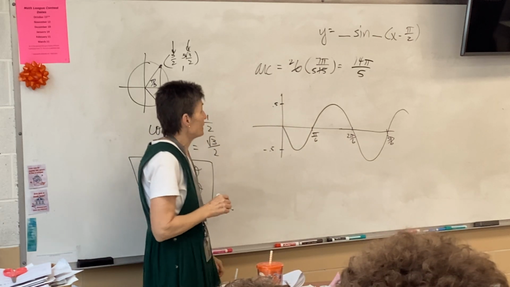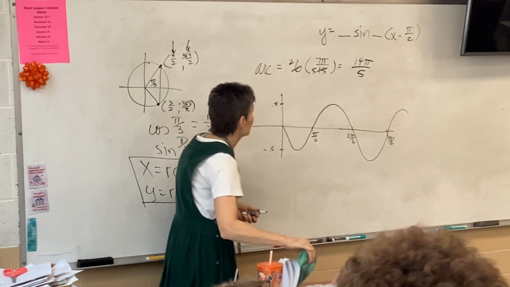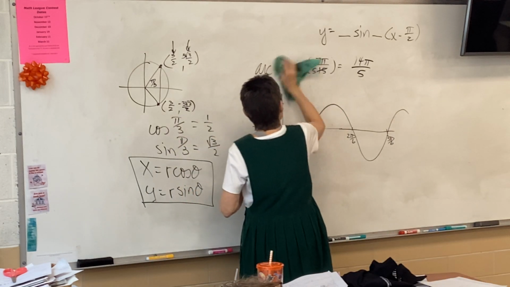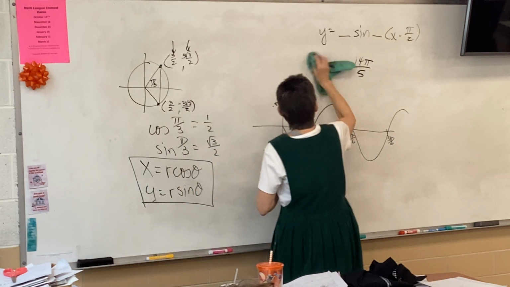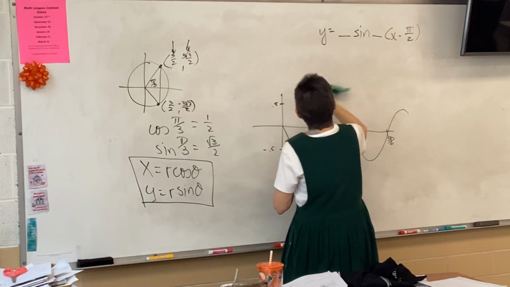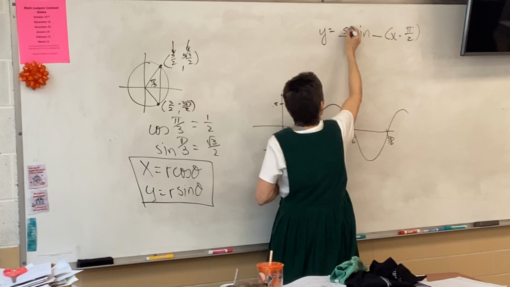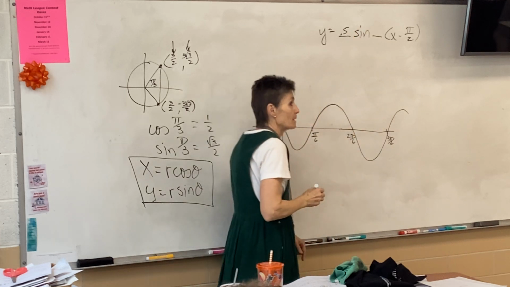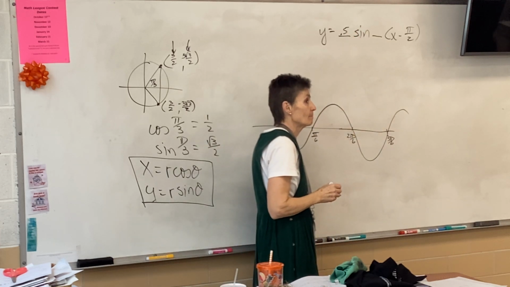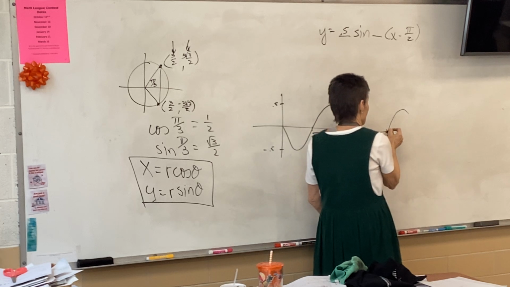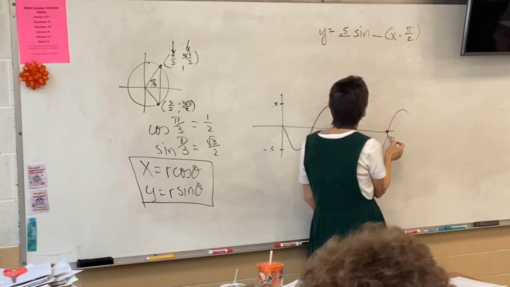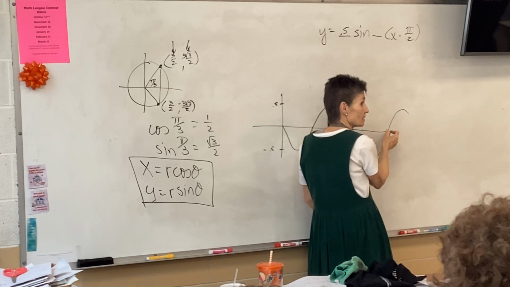What do you think for G? What did you come up with for G? 0.5? Did you say positive 0.5 or negative 0.5? Positive. And why did you say positive? Because it's shifted to the right, so it would start at pi over 6. It started at 3 pi over 6.